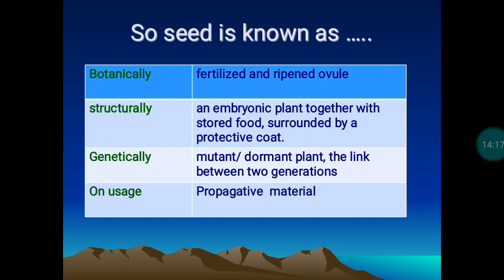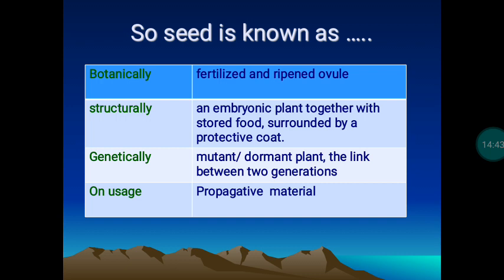Then another thing they also give is dormant plant. Even though the tissues related to root and shoot development are available in the form of an embryo, and the embryo is also well connected with the nutritive tissues, the seed remains in seed form as long as it is in storage.